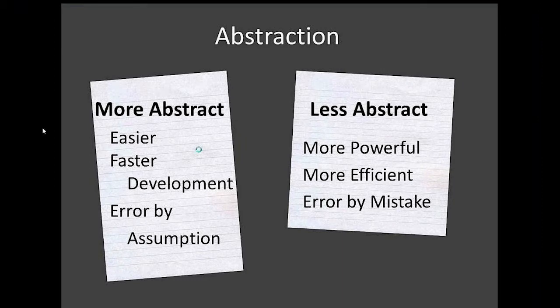The less abstract you get, the more powerful your expressions can be. You can get down to literally the hardware and do anything you want, including bypassing security, by the way, which is always interesting. It's also more efficient from a processing standpoint because you can tell the processor exactly what you want to do. And if you have an error, it's usually a mistake.